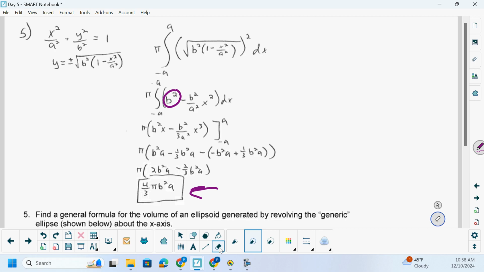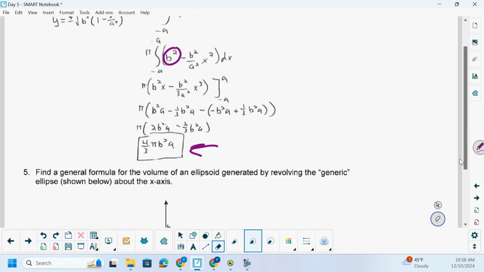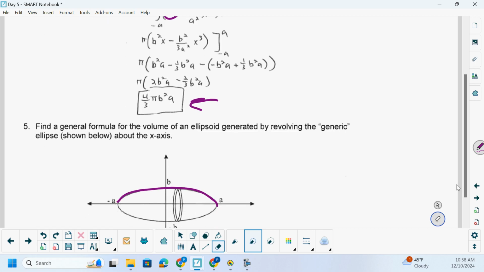So what I want to compare this to is our volume of a sphere formula. Our volume of a sphere formula is 4/3 pi r cubed. Basically, in the sphere, you go out r in all directions. Well, in this ellipsoid here, we're going up and down b for our radius.